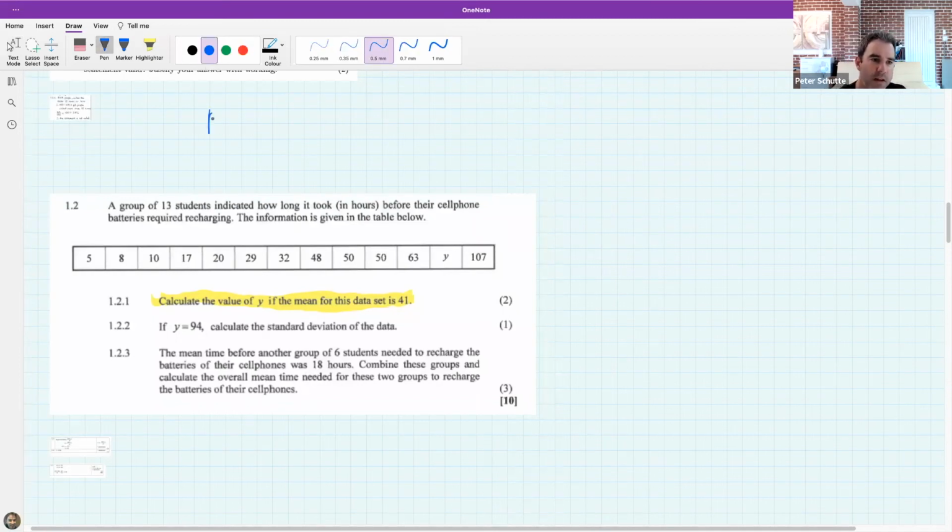So normally for the mean, it's the sum over the number of items. So that would have to be 13. Now what's on top?